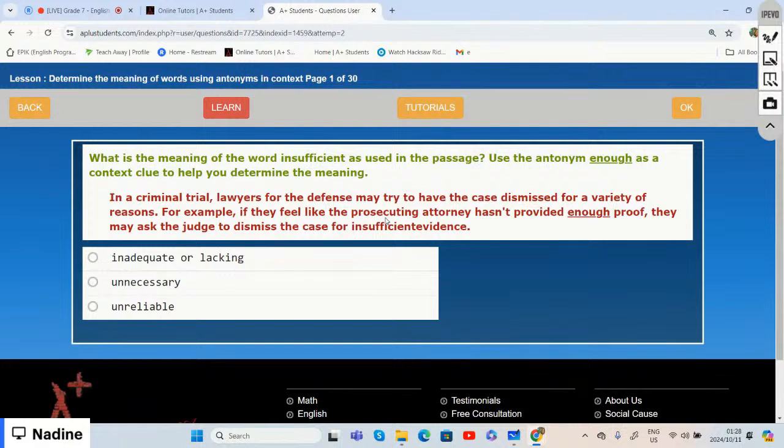So now we need to say what is the meaning of the word insufficient as used in the passage. We need to also use the antonym enough as a context clue to help you determine the meaning of that word.